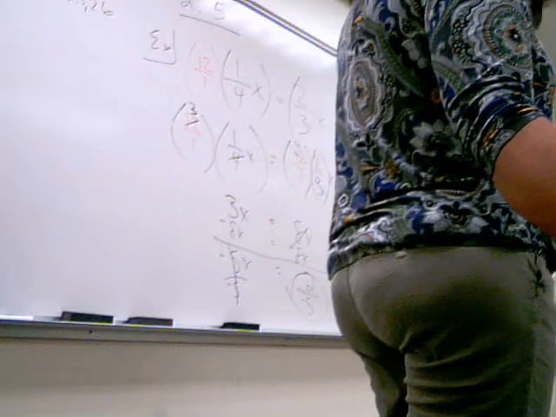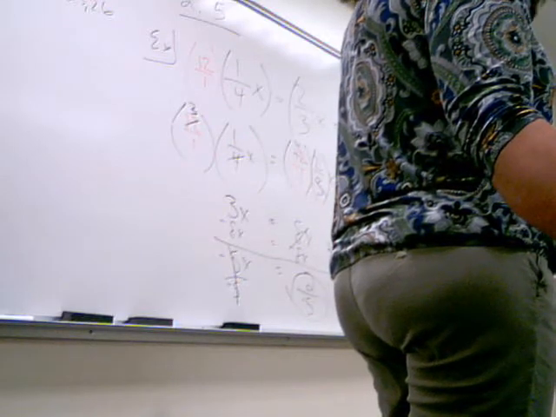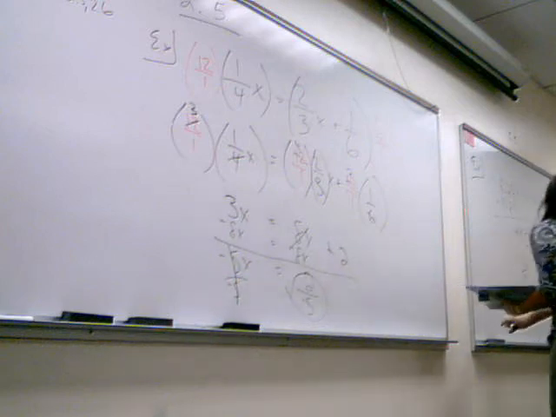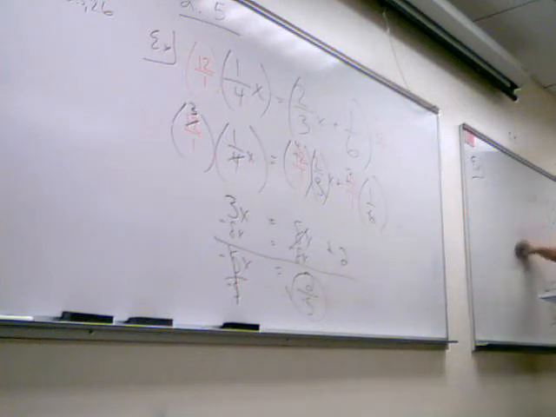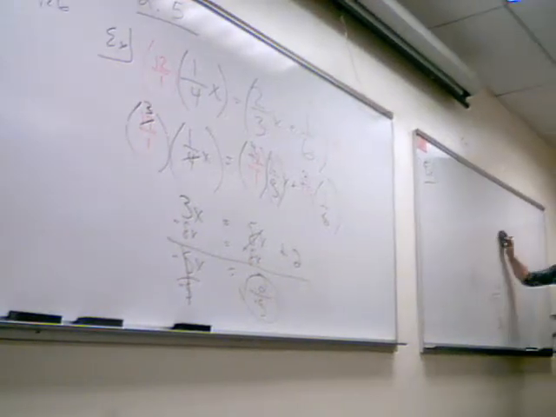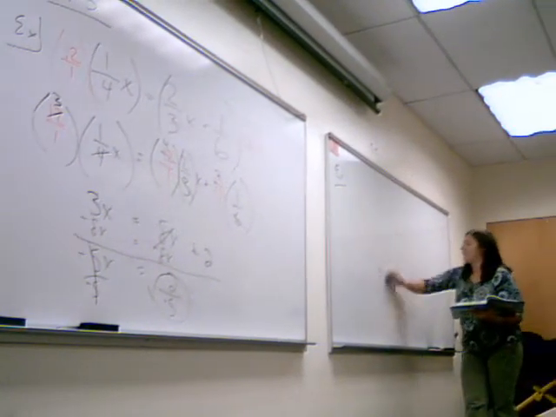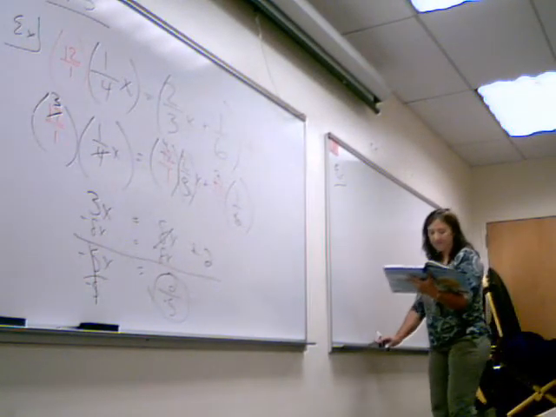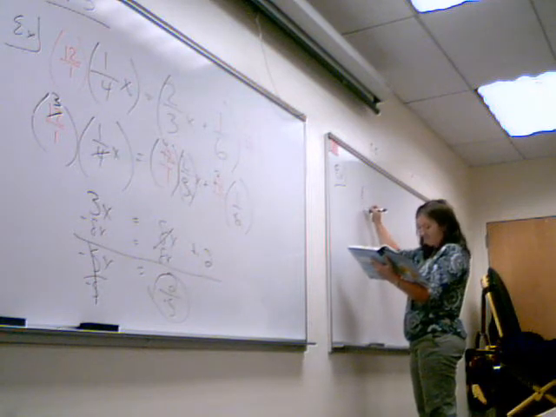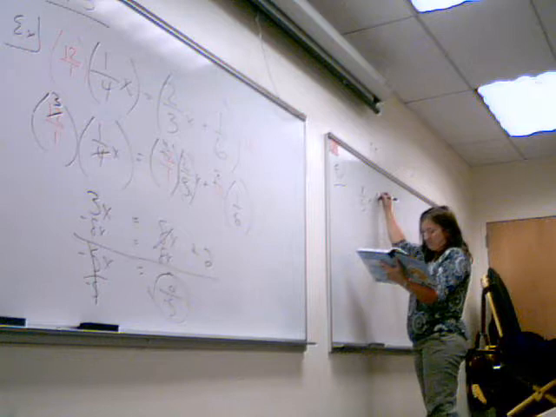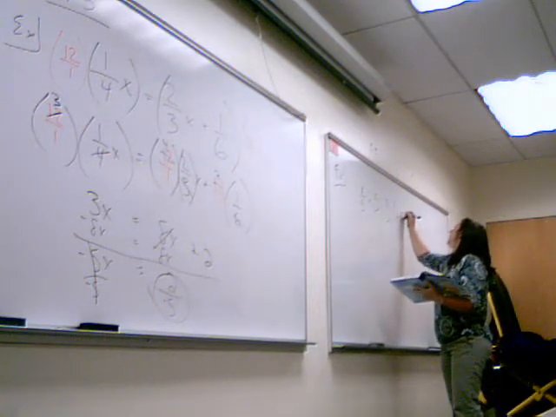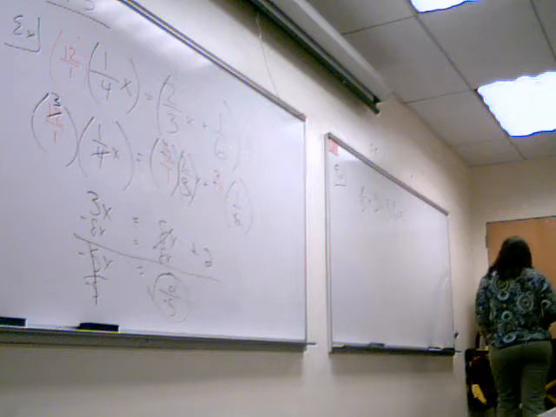Okay, other questions on that one? Okay, let's do one more quick one and then we'll go to break. So this one's going to have a fraction as well. Okay.